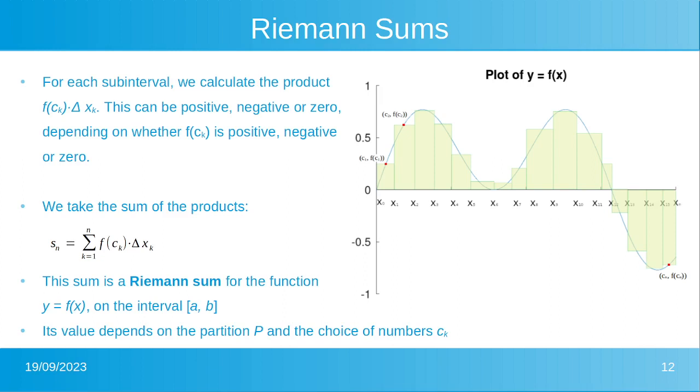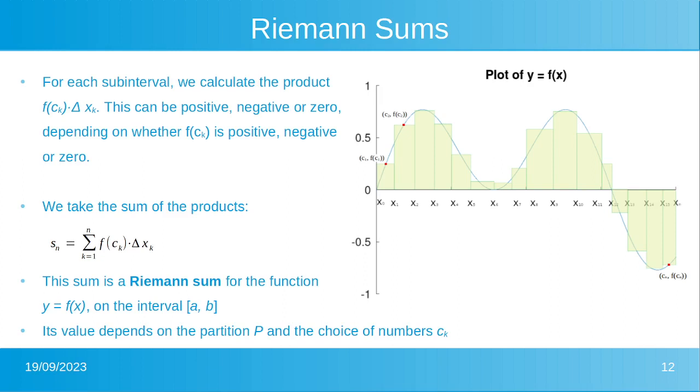And then we take the sum of the products for all of those subintervals. So our sum here, S_n, is equal to the sum from k equals 1 to k equals n of f of ck multiplied by delta xk.